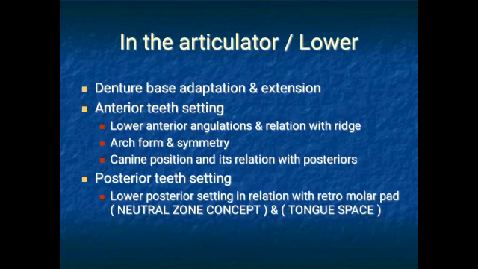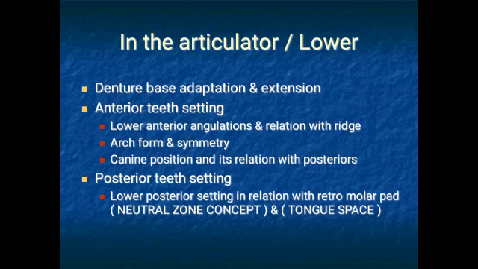Again, place lower denture; base extensions and adaptation you have to check first. Again, carry out anterior teeth setting: lower anterior angulation and relation with ridge, arch form and symmetry, canine position and its relation with posteriors. Posterior tooth setting: lower posterior setting in relation with retromolar pad.